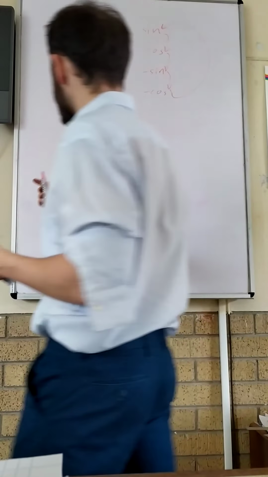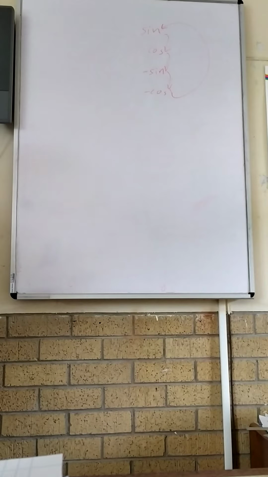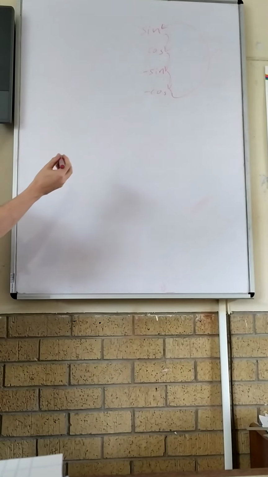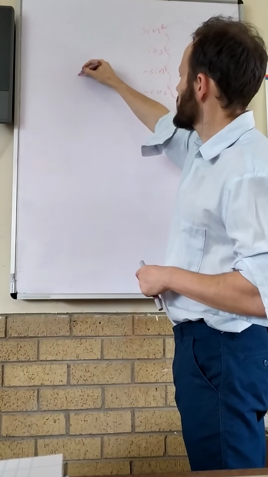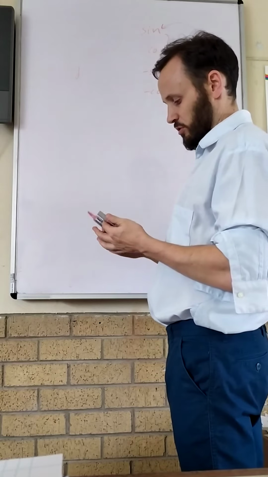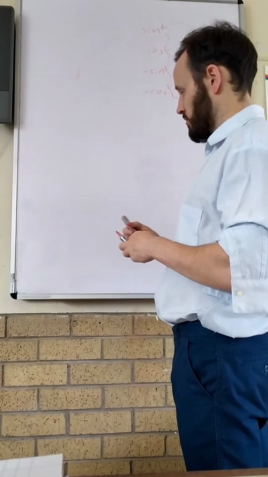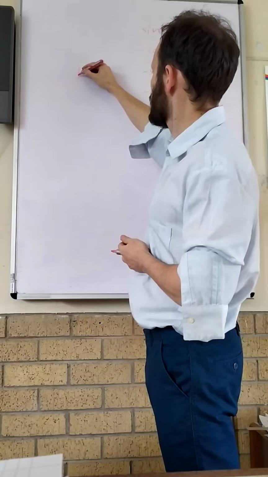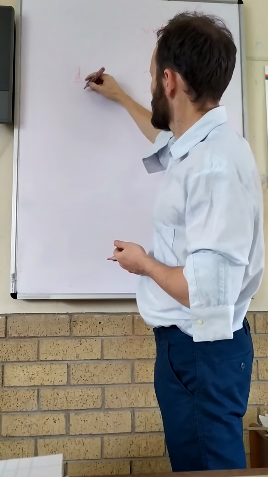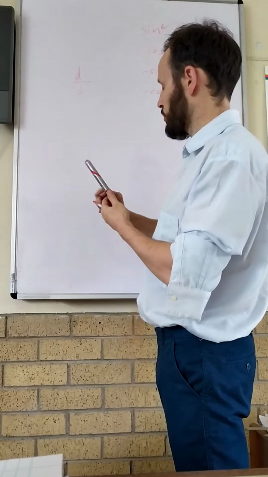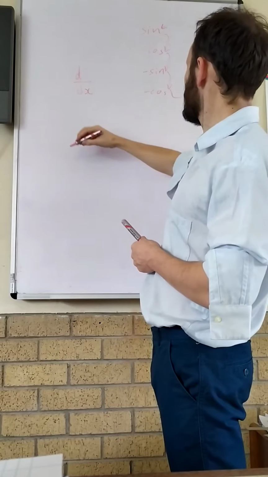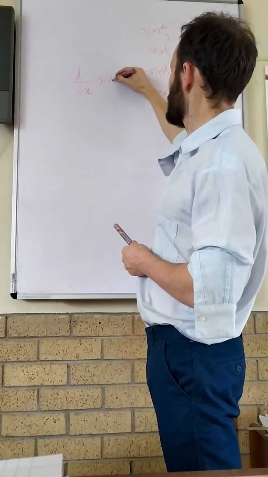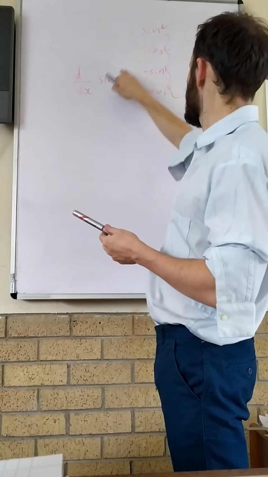But first of all, one thing I can notice is this is what they mean by higher order derivative. If they say to you, consider d by dx of sine of x, that's pretty straightforward, it's just cos.